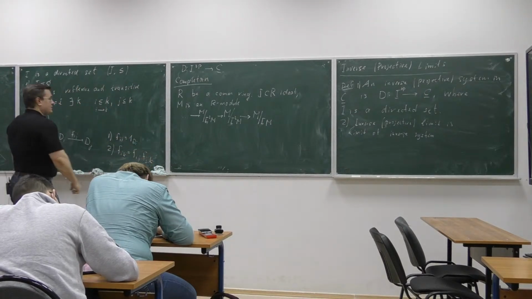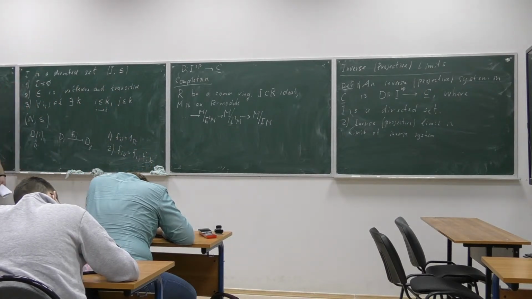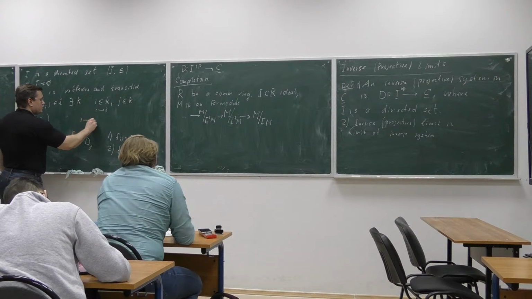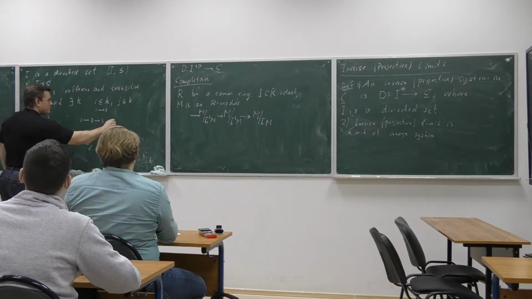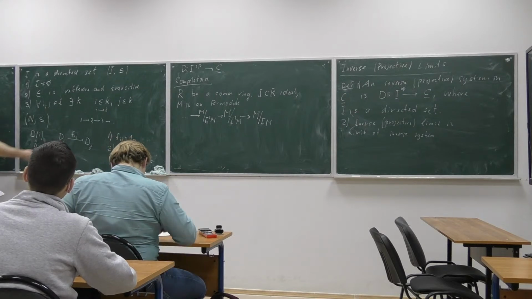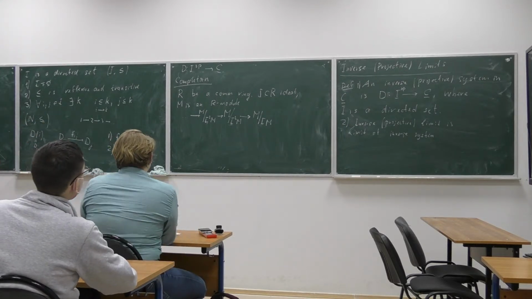You can see that in this case, the directed set that I use is just N. So in the N, I have 1, 2, 3, etc. And since I take I op in the definition, I inverse all the arrows. So I get the diagram like this.